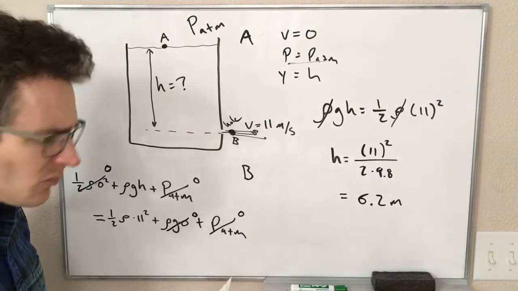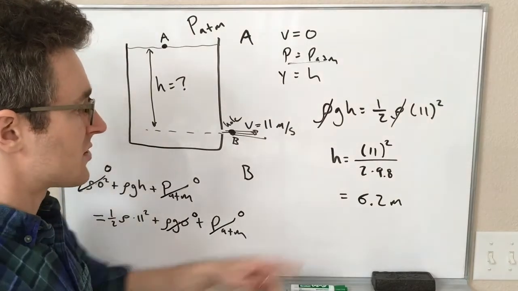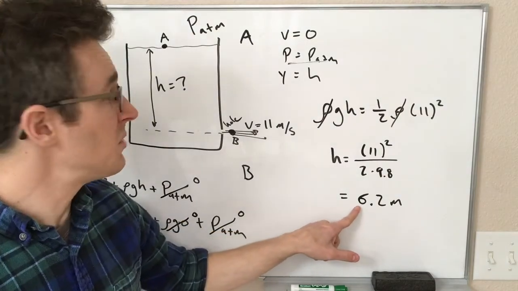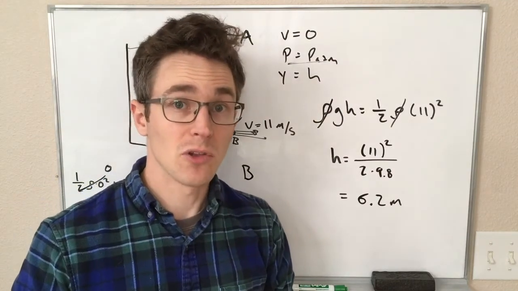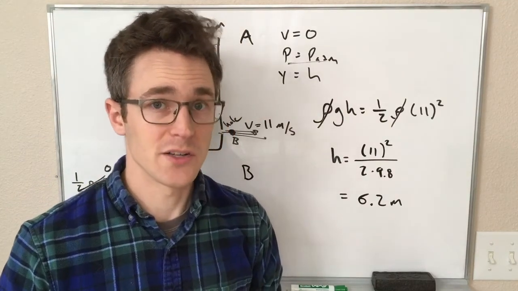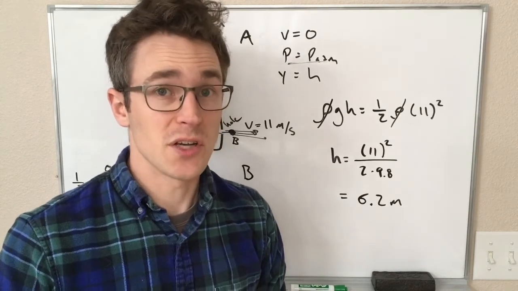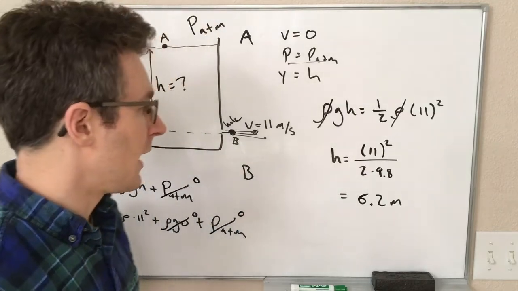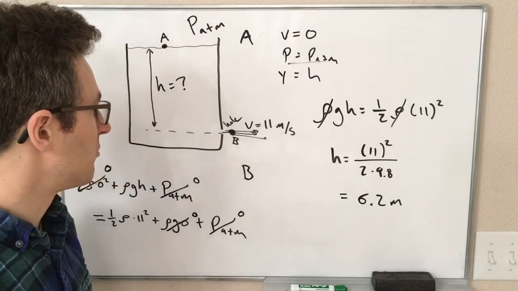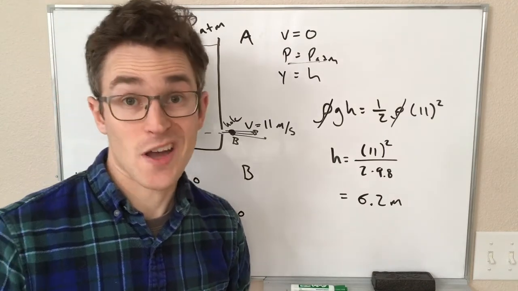All right, so in real life, this answer is going to be a little unrealistic, and that's because Bernoulli's equation assumes that there's no energy lost anywhere in our system to non-conservative forces. This, of course, is not 100% true. We are going to lose some energy, and the biggest place that energy goes in flowing fluids is to what's called viscosity.